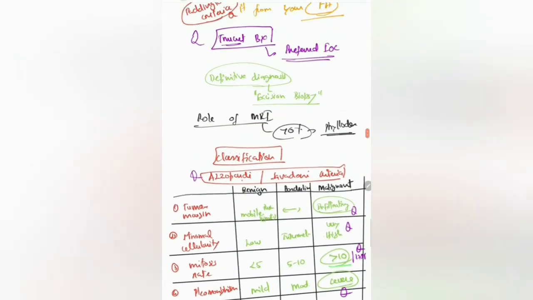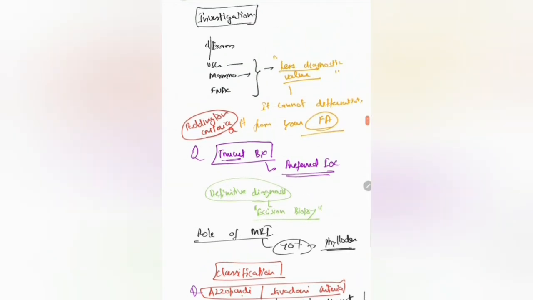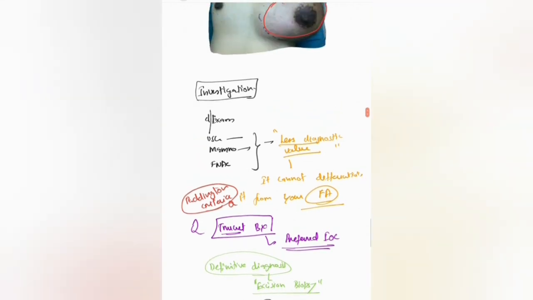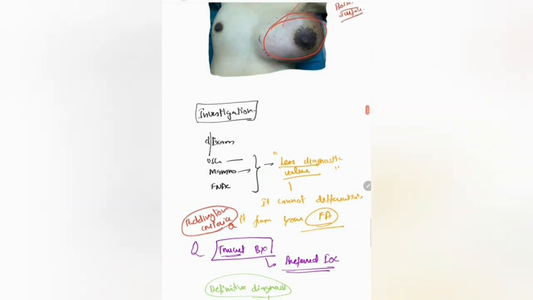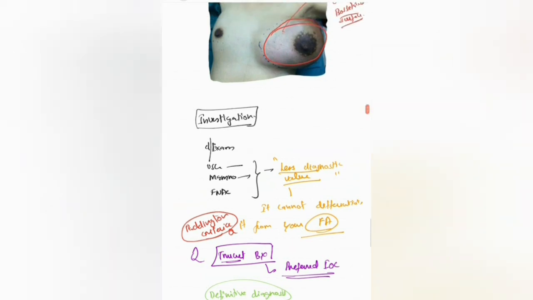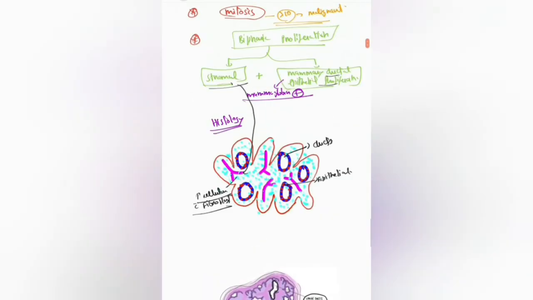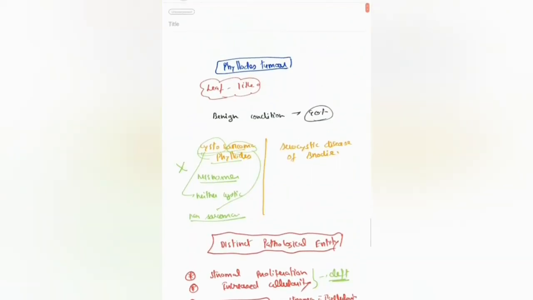Then I have told about the Azzopardi and some of the criteria for your diagnosis of phyllodes, and true cut biopsy is your preferred investigation of choice. Here also I told you, remember the name Paddington criteria for doing a true cut biopsy in the case of phyllodes. So I have finished the topic on phyllodes.